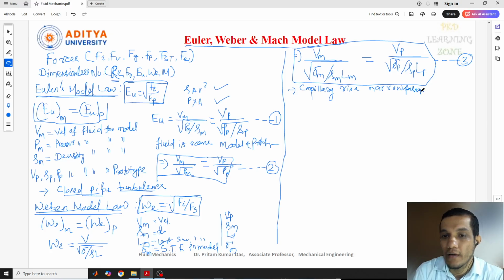This is one example. Similarly, I can write the capillary rise in narrow pipes, or the capillary waves in the channel, or flow over some weirs in small heads.